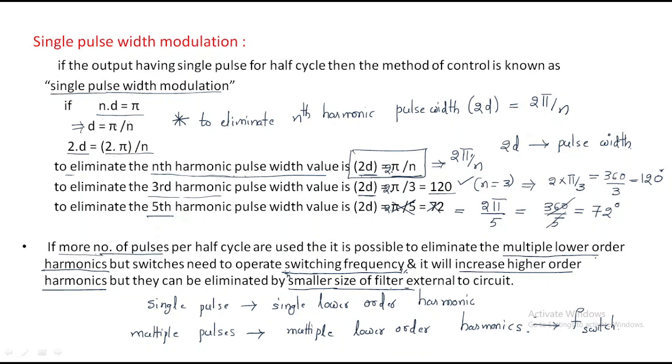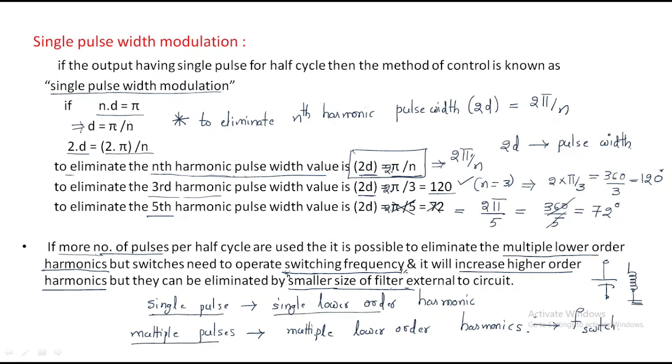The filters in the circuits are capacitive filters and inductive filters. These are the filters generally used to remove the harmonics. Understand? By using a single pulse we remove a single lower order harmonic.